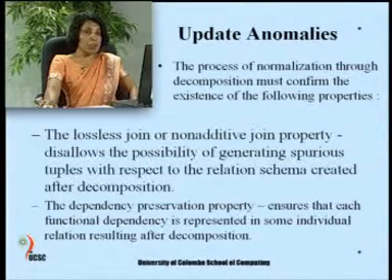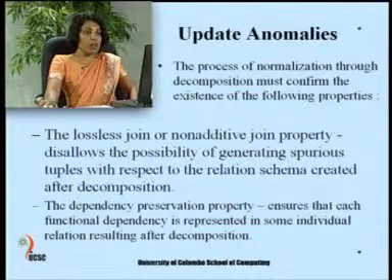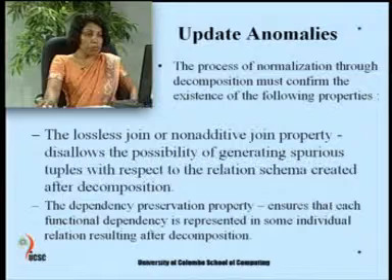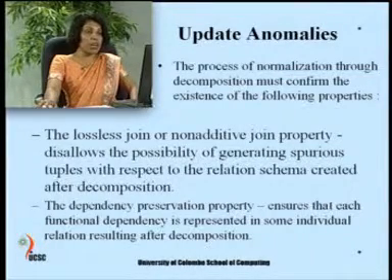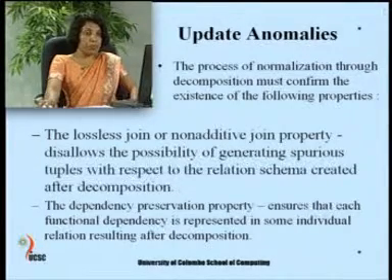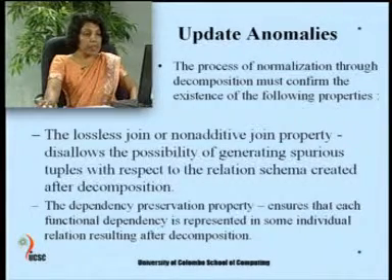So, decompose a given set of attributes into a set of relations, and when we do so, it must conform to two important properties. The first one is called the lossless join or non-additive join property. What does it mean?